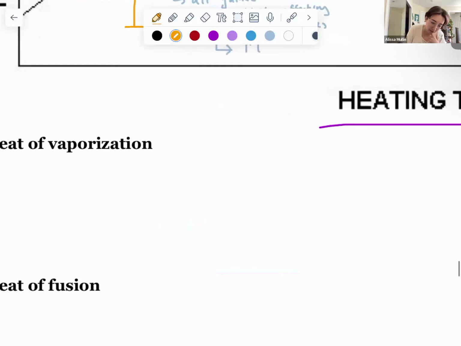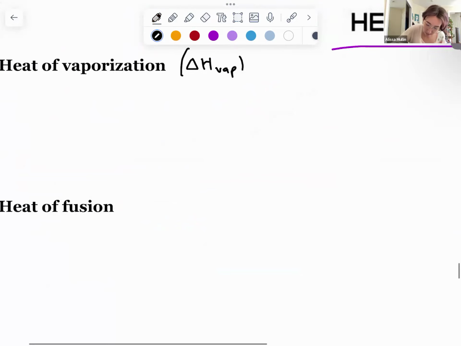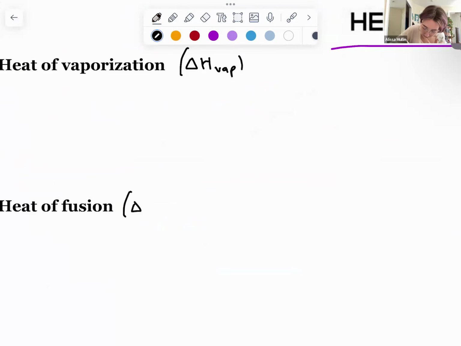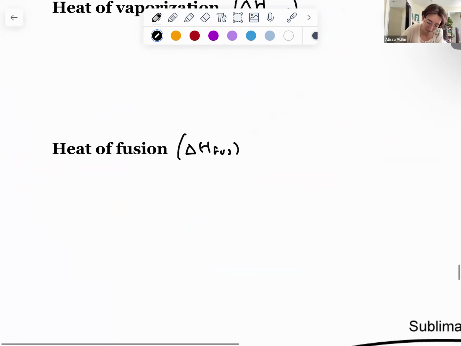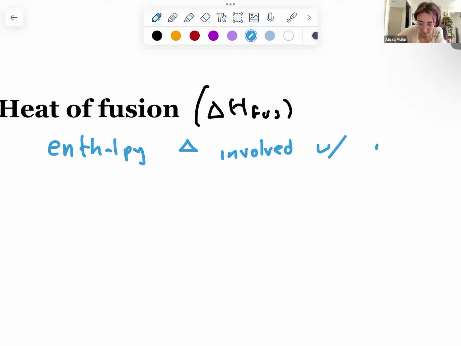All right, to clarify these terms, I've just mentioned them, but delta H of vaporization, the enthalpy of fusion. I don't know why I put them in this order. I'm going to do this one first. This is the enthalpy change involved with melting a substance.